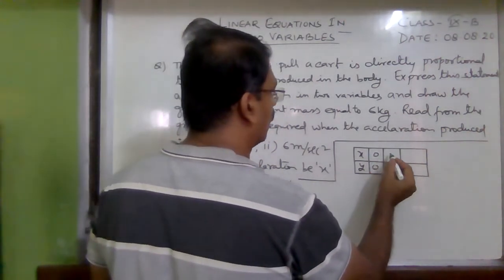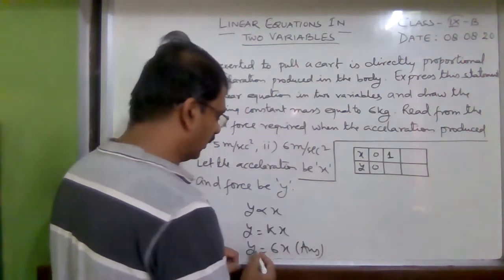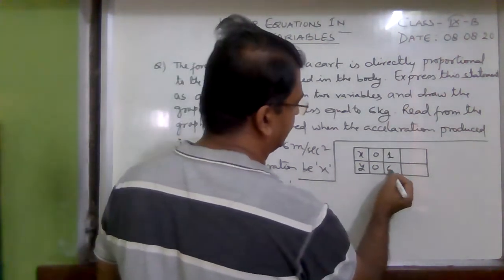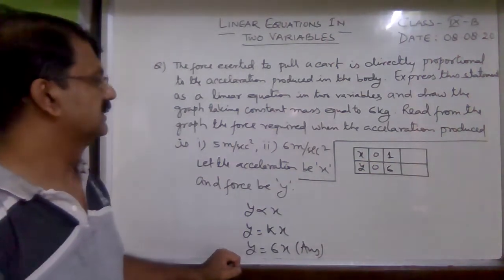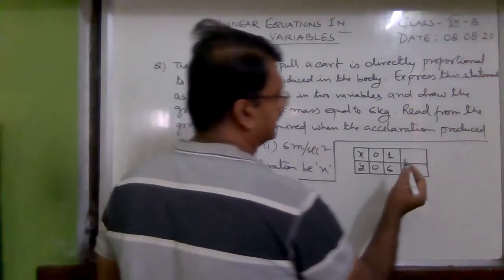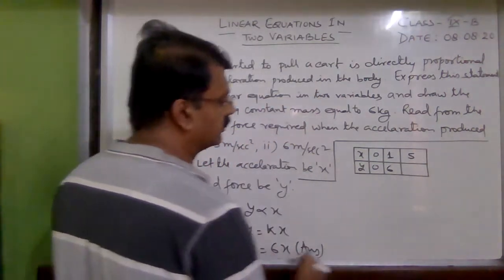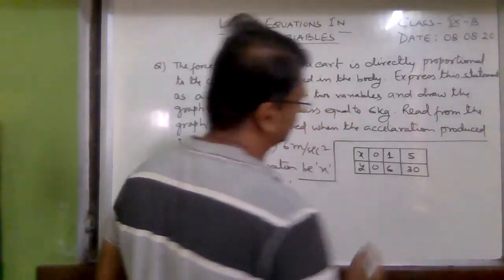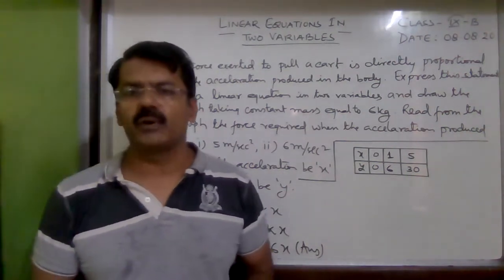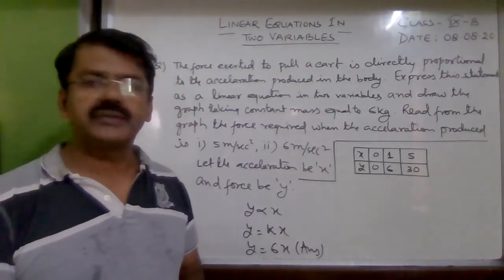When x is 1, y is 6 into 1, y is 6. And when x is say 5, then y will be 6 into 5, 30. Okay, so we have got 3 points to plot.